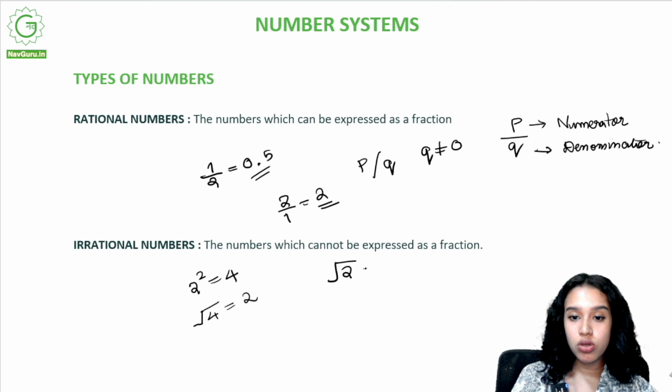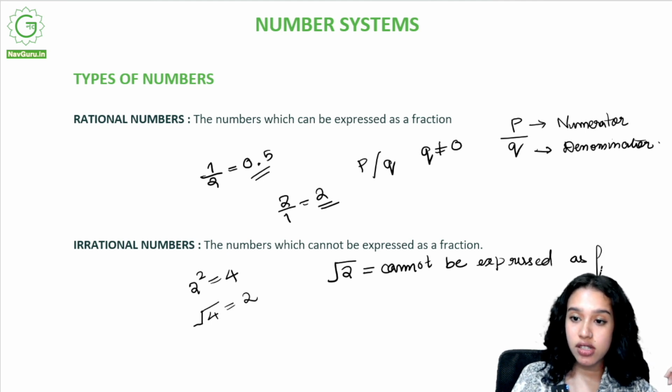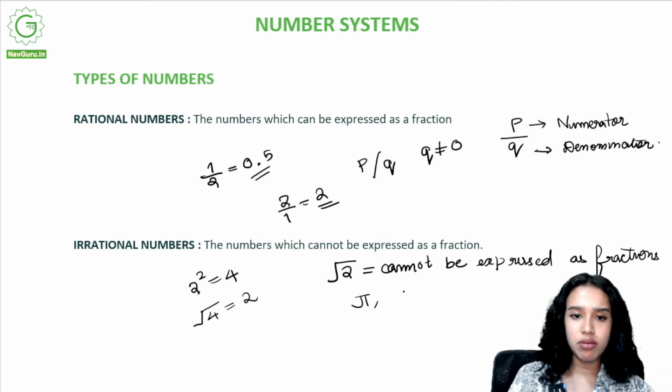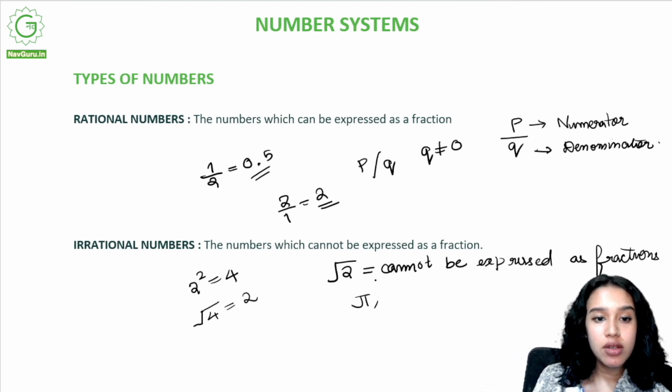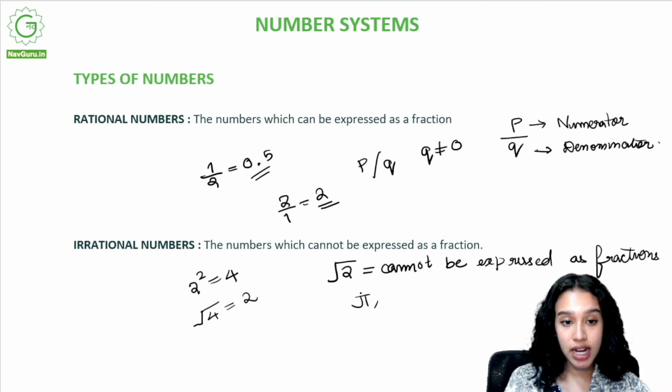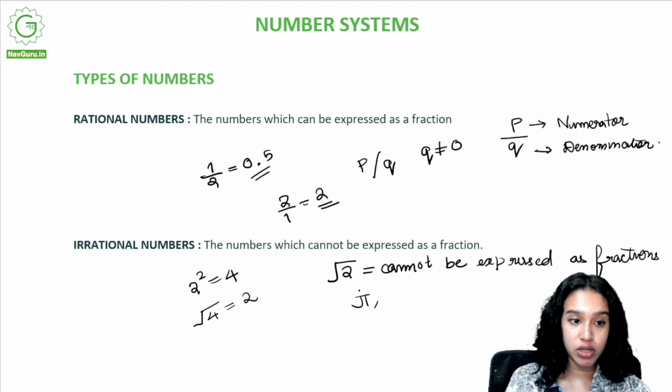So root 2 cannot be expressed as a fraction. This kind of numbers, we have pi, we have root numbers, anything which cannot be expressed as a fraction is called an irrational number.